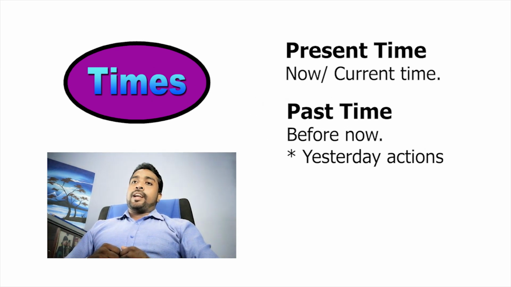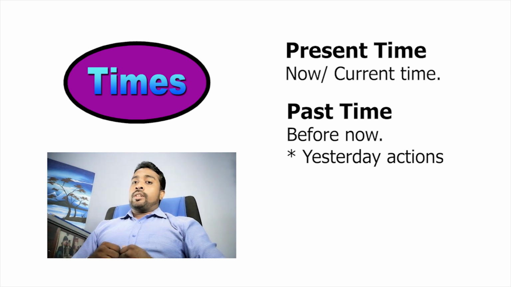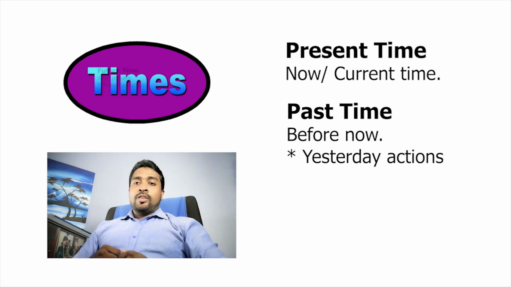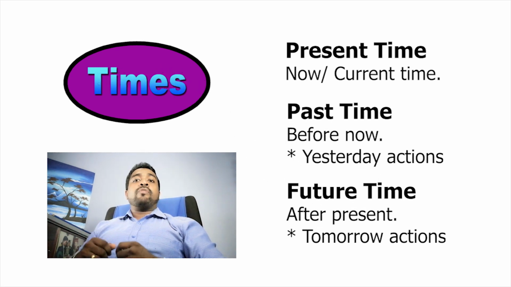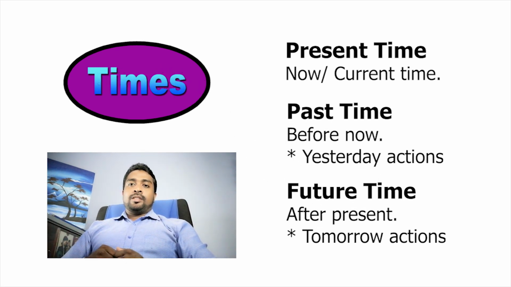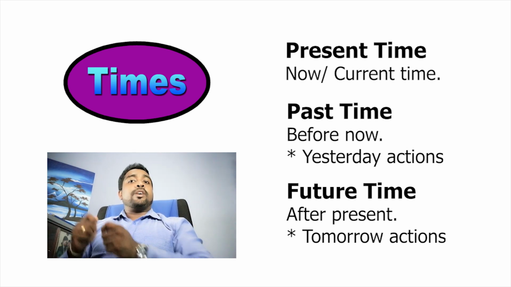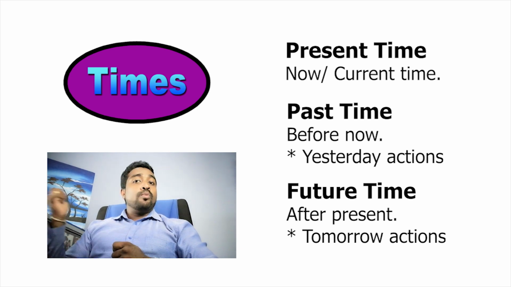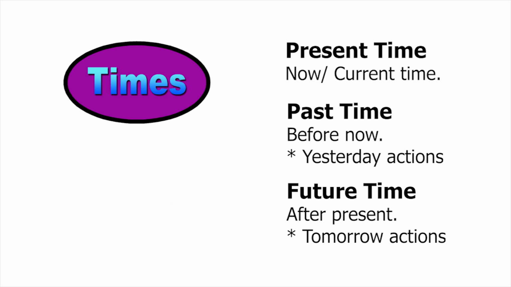You can take as examples the actions you did yesterday. Future means what we face next. Or you can say future is the time that will come after present. As examples, think about the actions you hope to do tomorrow.